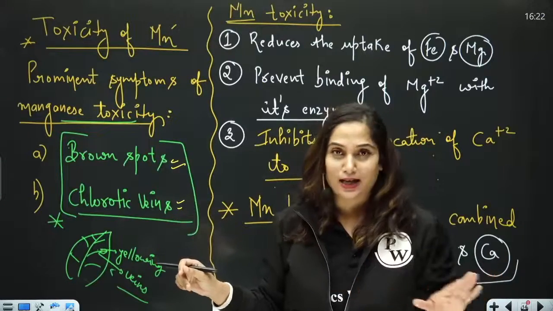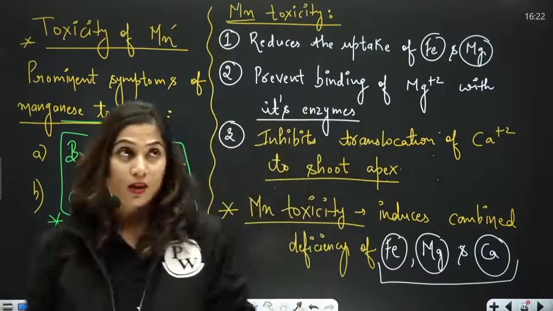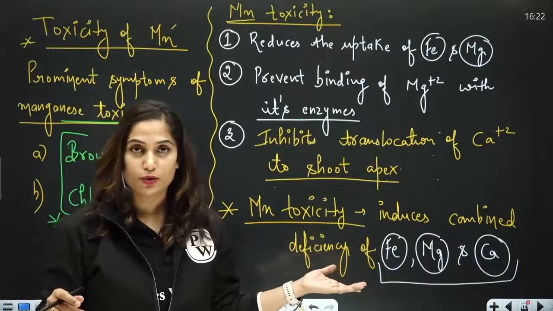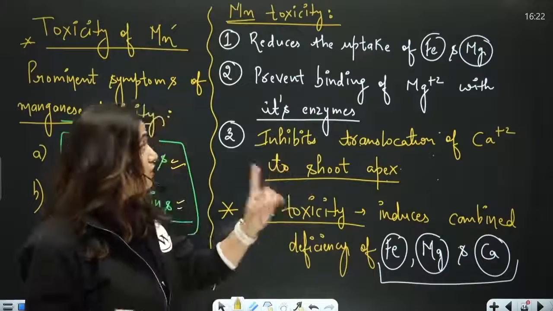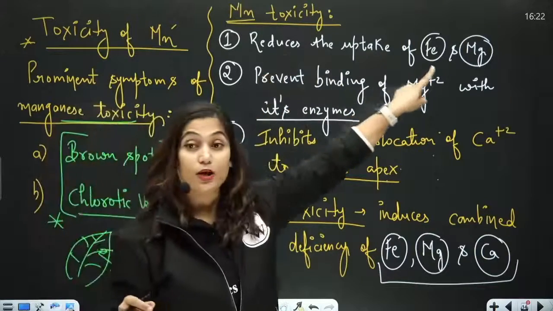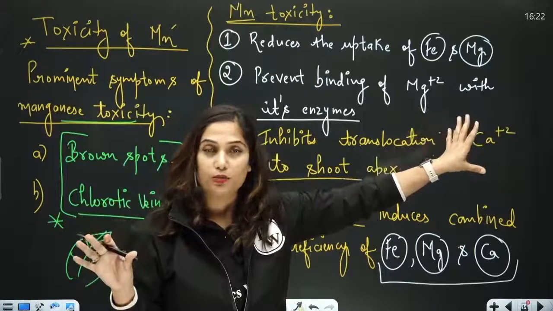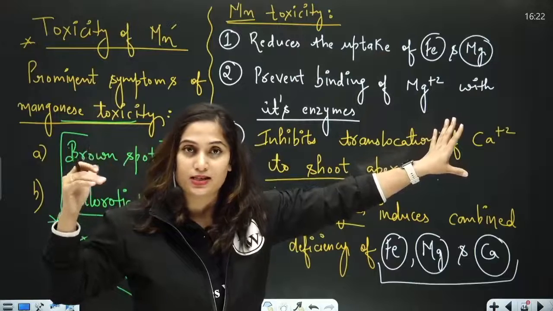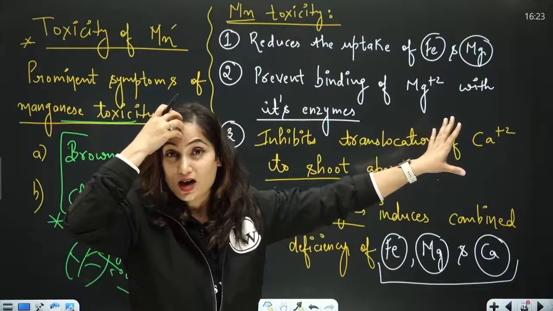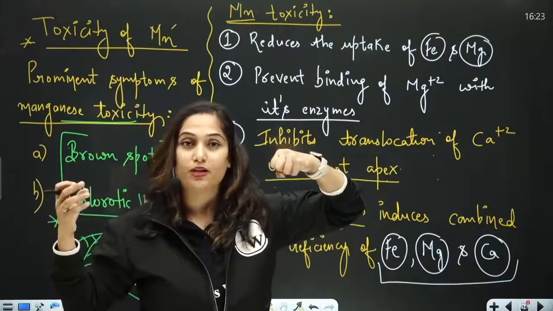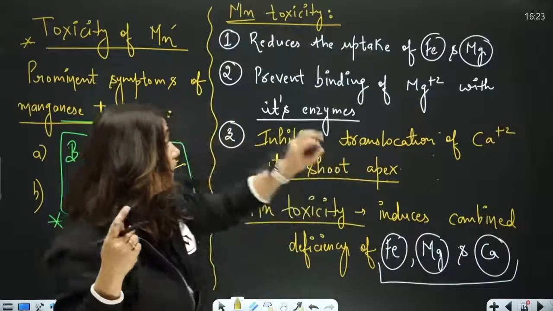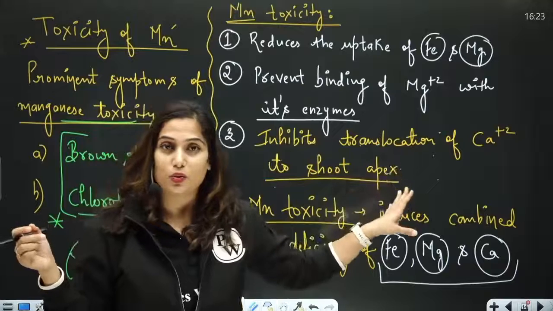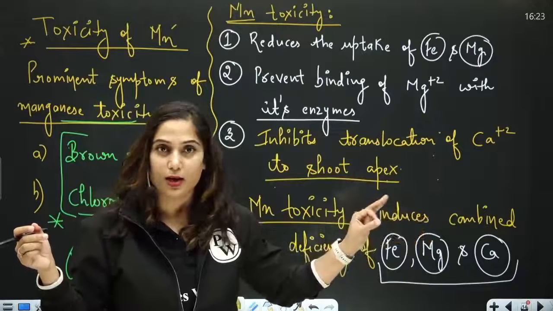Question comes directly. Then, what are the physiological problems that are caused due to manganese toxicity? First, it reduces the uptake of iron and magnesium. Very important. Because of the toxicity of manganese, there is reduced uptake by the plant of iron and magnesium. It prevents binding of magnesium with its enzyme, as we know that magnesium is a very good enzyme activator.